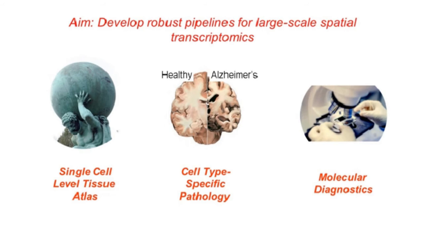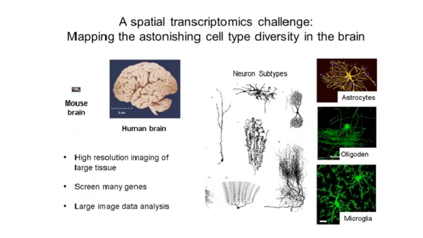And while you can apply spatial transcriptomics to many tissues, one of the biggest challenges across the mammalian body is the incredible cell type diversity in the brain. To map the cellular diversity in the brain, spatial transcriptomic methods have to satisfy three massive technical requirements.